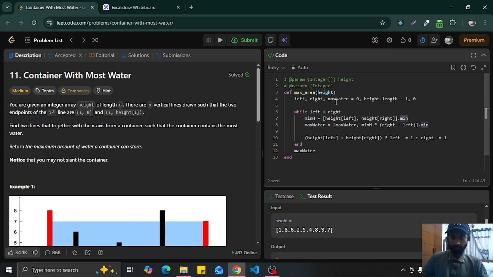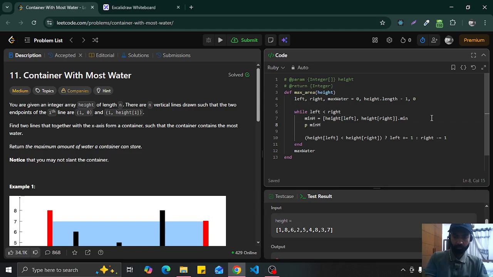So yeah, everything's right here. So minimum height, let's see if we are getting the minimum height correctly.